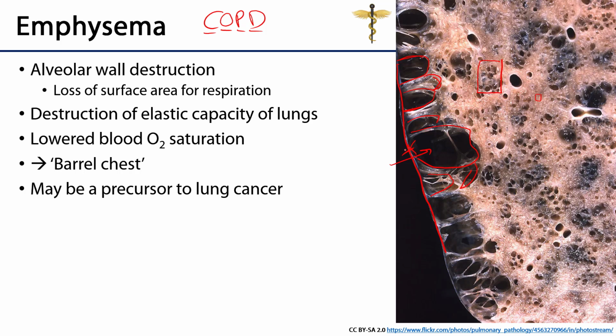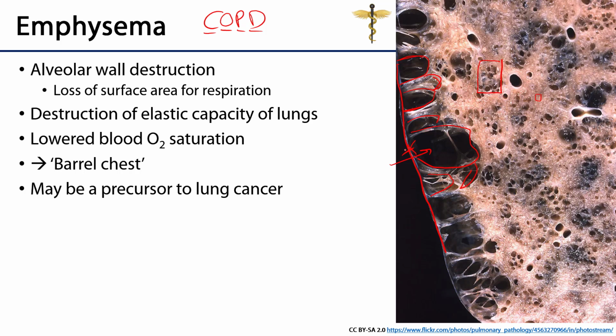You lose the lung's natural ability to elastically recoil to move air out. And so people have to work very hard at ventilating. So they're taking very deep breaths in and out, in and out. It's more forceful inhalation, exhalation. They can't just rely on their diaphragm.